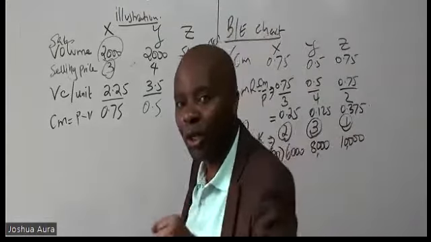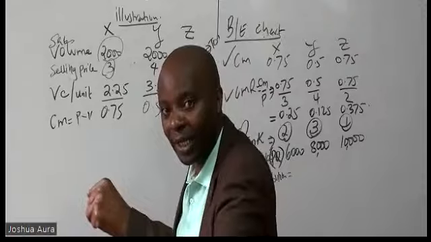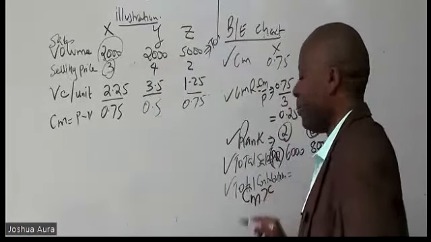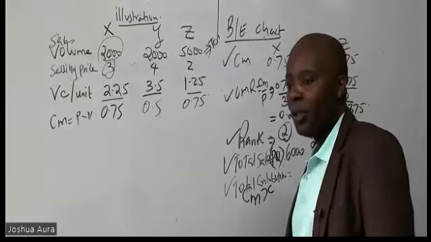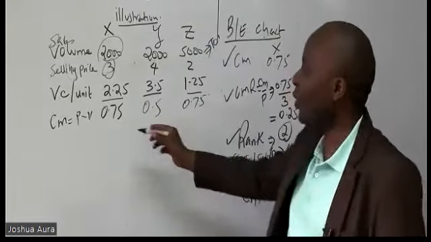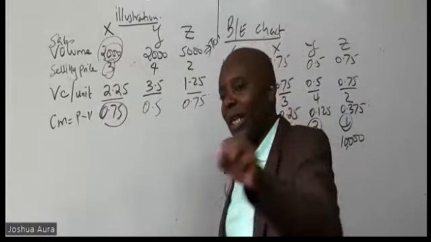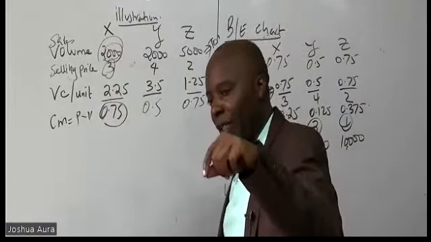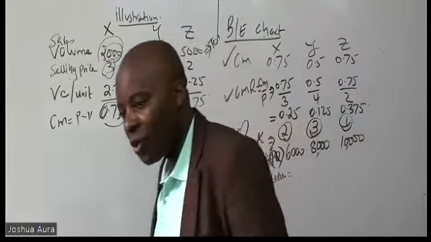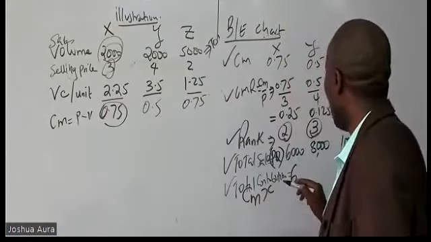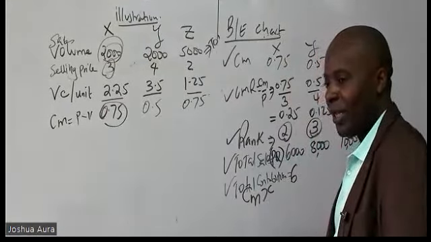How about total contribution? How do we get total contribution? It is CM times quantity. Fortunately, we have the CM and we have the quantities there. So you take the CM and multiply it with the quantities. I'm being given here by Susan 6,000, 8,000, 10,000. Oh, no, then I'm picking the wrong figures.